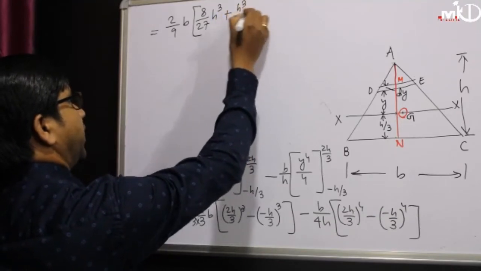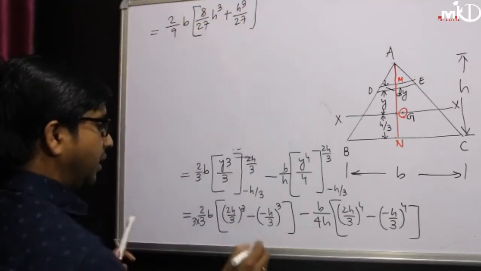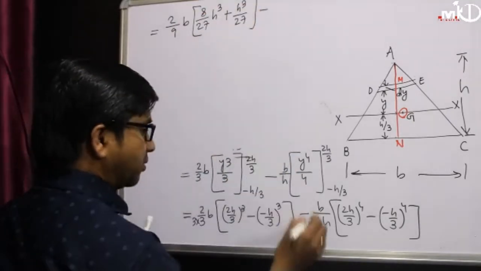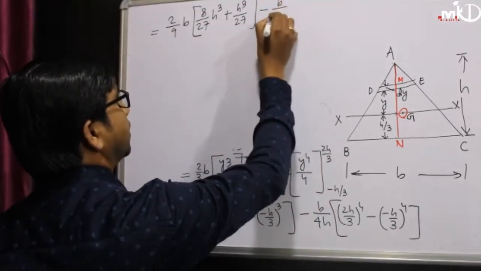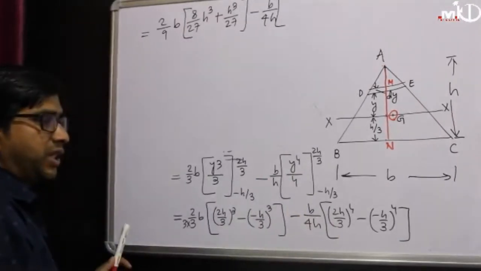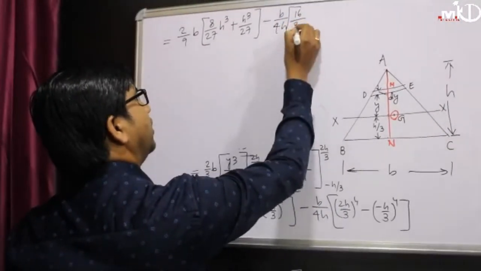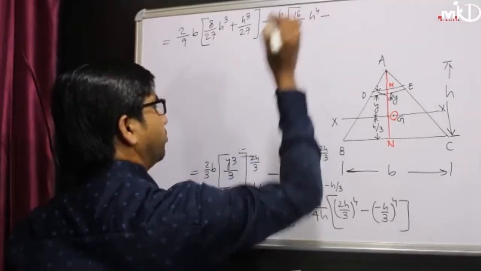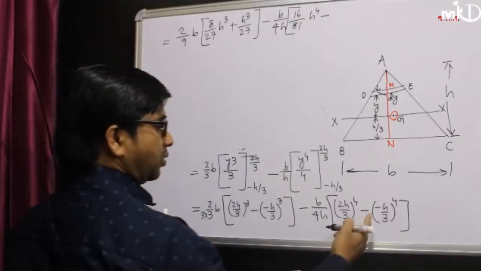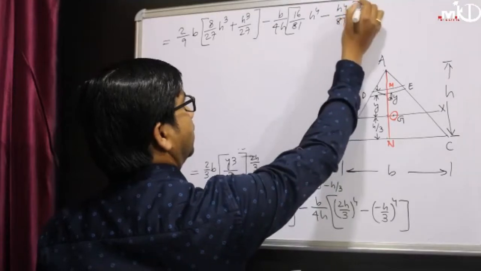Again minus b by 4h into 16 by 81 h fourth minus h fourth by 81.